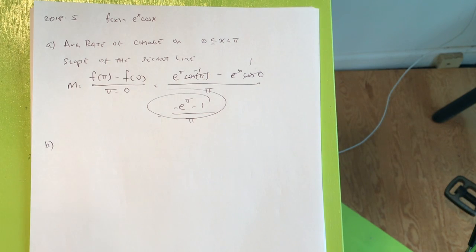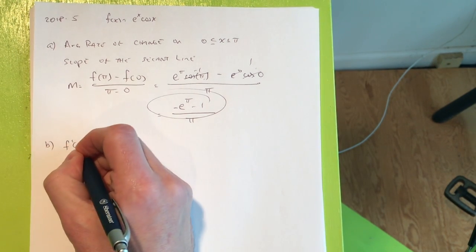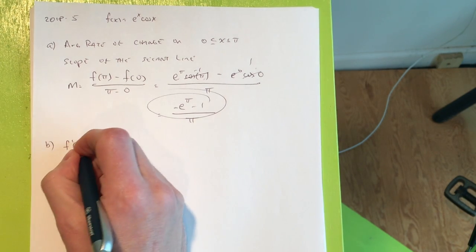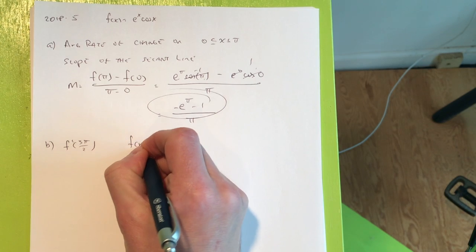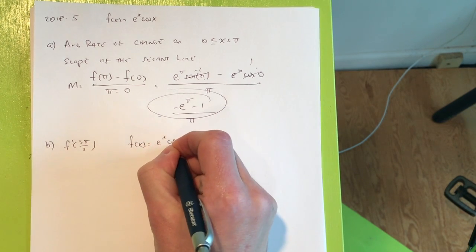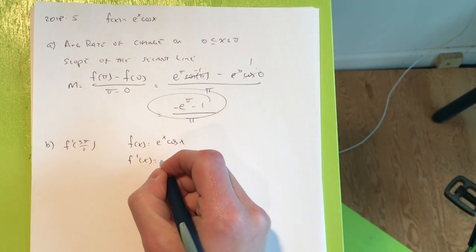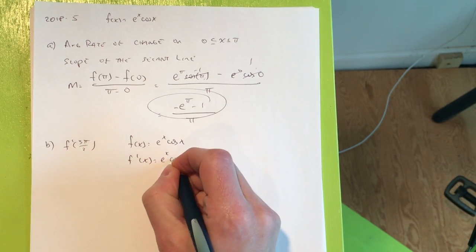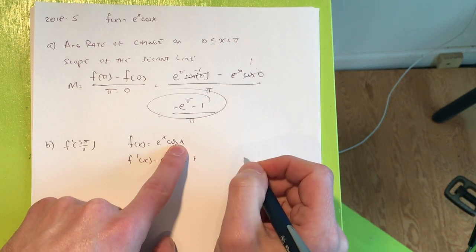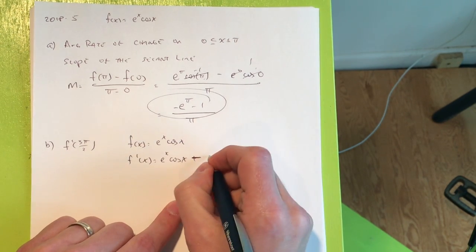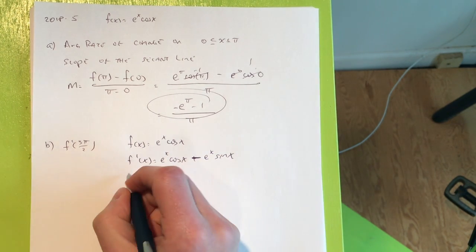B, slope of the tangent line, that's the derivative, at 3 pi over 2. So we're given f of x is e to the x cos x. F prime of x, product rule, is going to be e to the x cos x, derivative of e times a second, plus derivative of cosine, minus e to the x sine x.